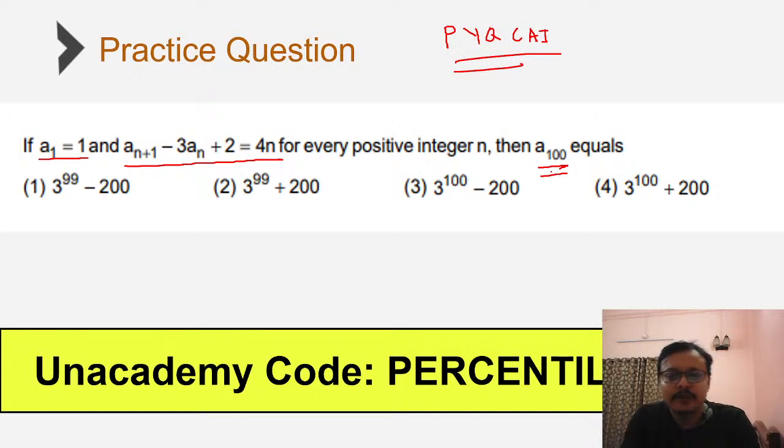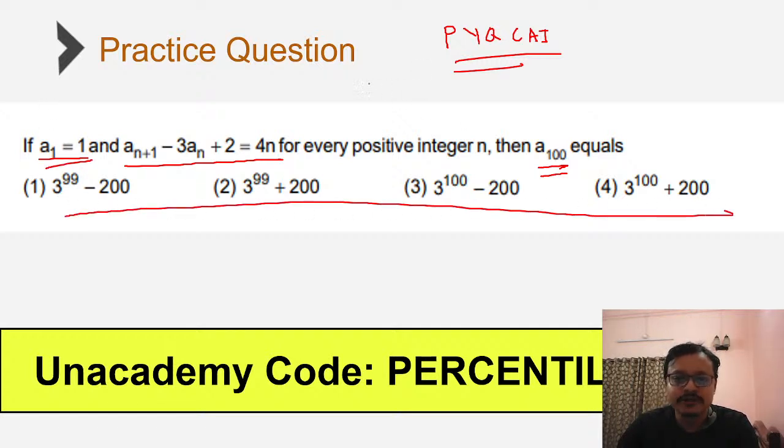So anybody, how do we do this? How do we get the value of A100? The easiest way to get the value of A100 would be looking at the sample value that is given, A1 is equal to 1, and then checking the options, which of the options follows the same pattern. How can I write A1 equal to 1?